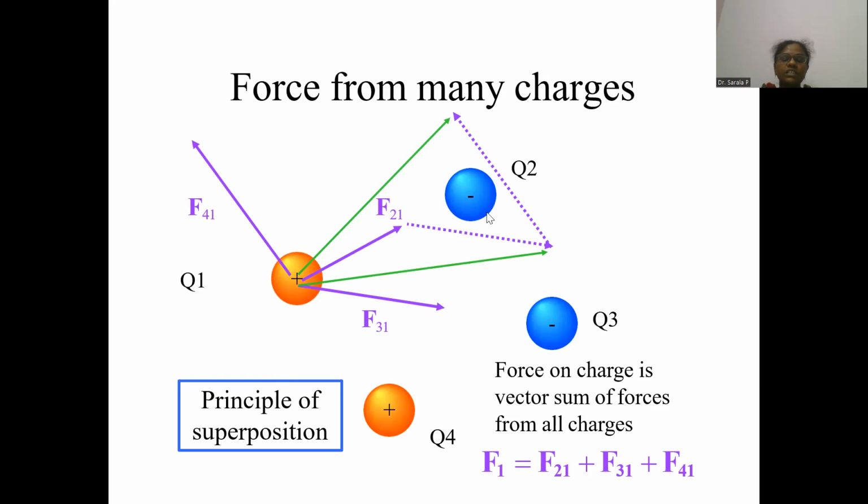The force is acting on the positive charge due to the negative Q2 charge, Q3 charge and Q4 charge. F21 and F31 are both attractive, and F41 is a repulsive force. So the force on a charge is the vector sum of all forces from all charges.